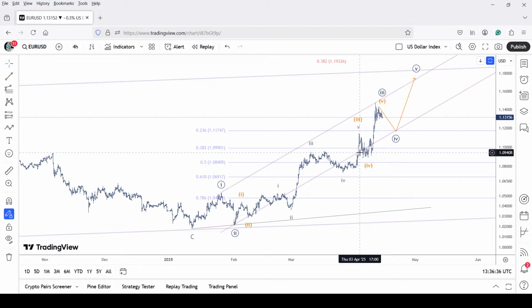So from the trading point of view, we are sitting on the sidelines, especially the intraday and short-term traders. For the positional traders, partial longs might still be active.